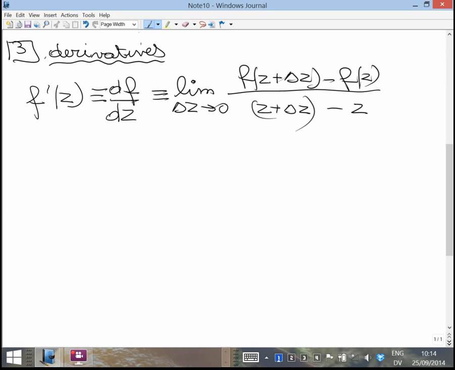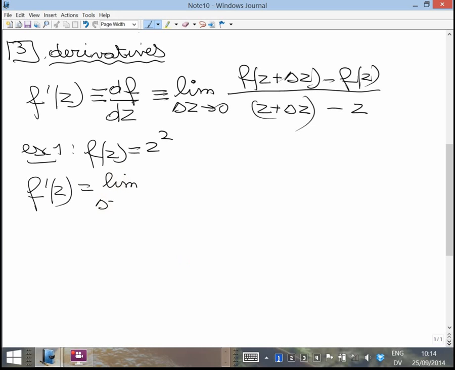Let's see how this works for these two functions that we've introduced earlier. So let's have a look at the first example where we had f of z equal to z squared. How would that work? Well, if we use our definitions, f prime of z would be the limit of delta z going towards 0 of f of z plus delta z.